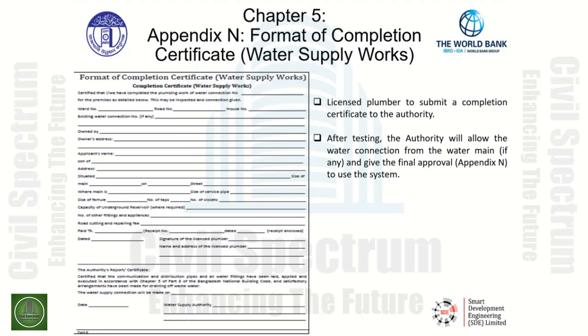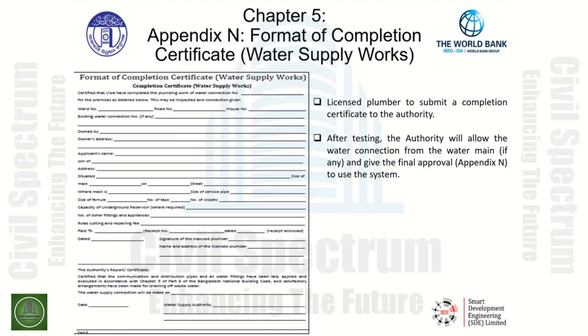Now this could be an underground water storage tank connection as well. So the capacity has to be known and has to be stated here. Under the capacity, number of other fittings and appliances, any road cutting and repairing fee is indicated here. So the signature of the licensed plumber is required, and the name and address of the licensed plumber is required.